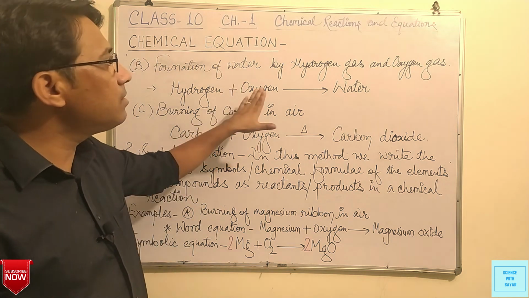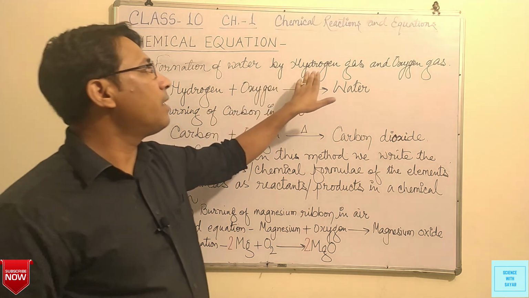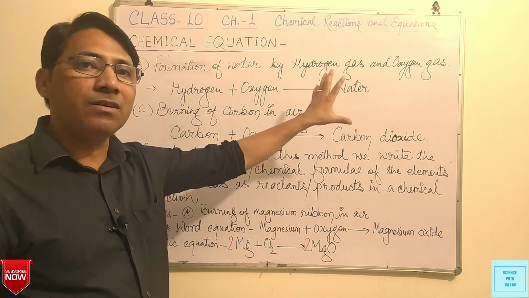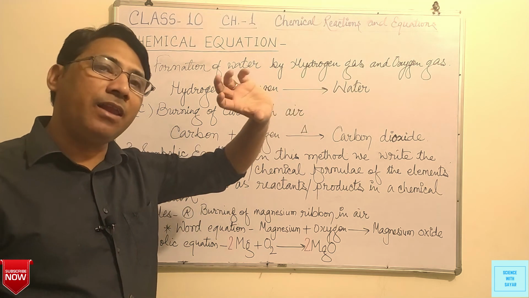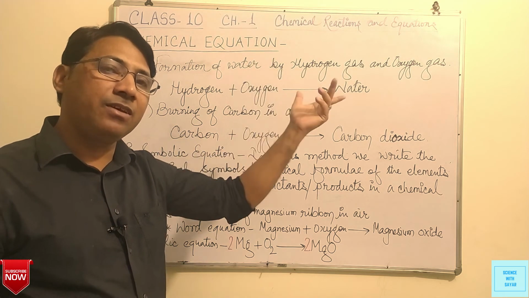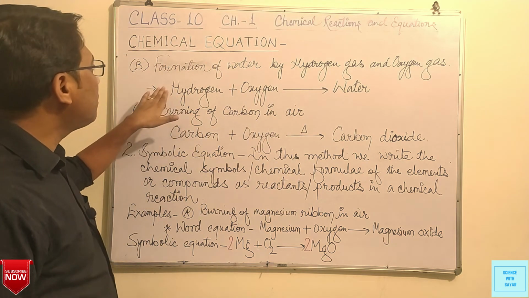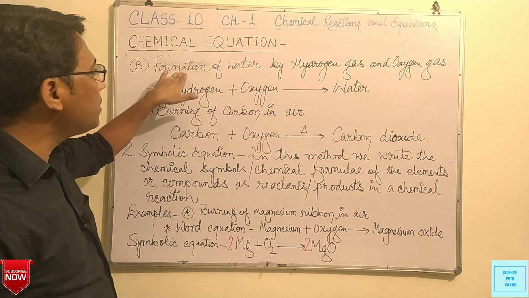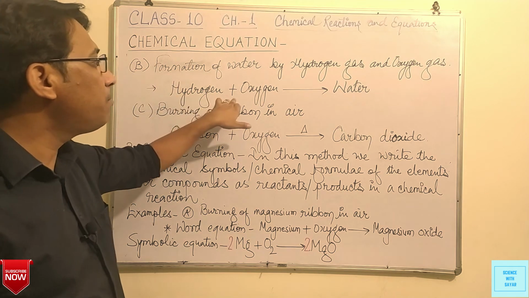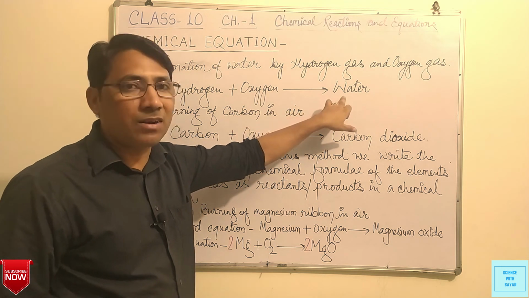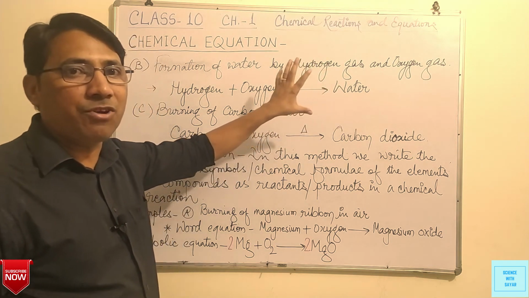The reactants are hydrogen gas and oxygen gas, and the product is water. So the word equation of this reaction will be hydrogen plus oxygen, and the product is water.